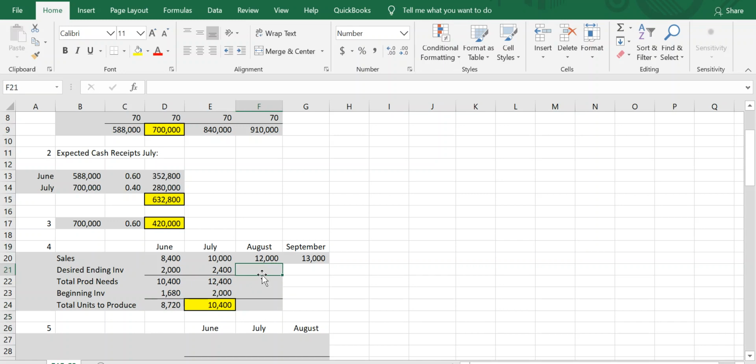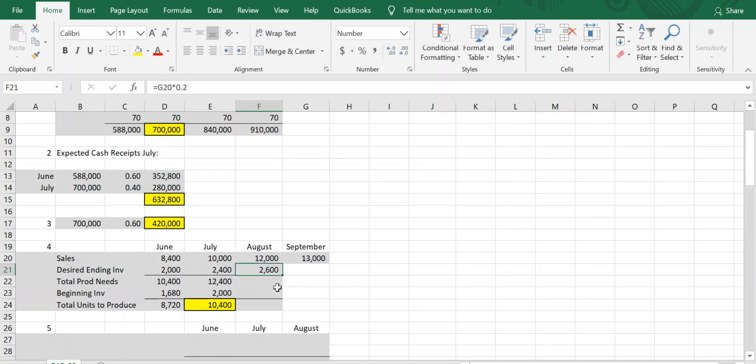We need to go ahead and complete this production budget for August just because, well, we want to do it. Let's just go ahead and finish it up. So what we have then for desired ending inventory in September is going to be 20% of the September production number, and we're going to take our sales 13,000 times 0.20.